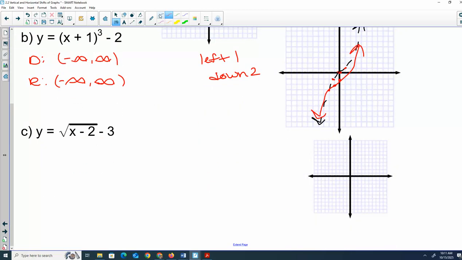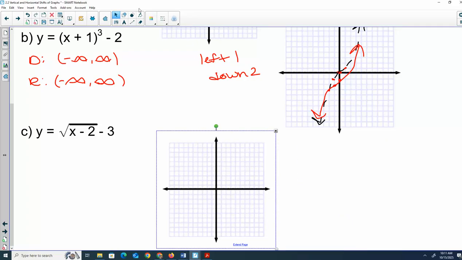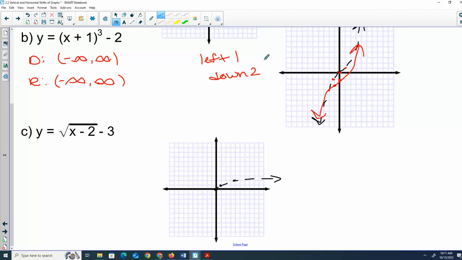Alright. C. What's my square root graph look like? Right. Square root of 0, 0, 1, 1, 4, 2. How is this one moving? I go right and down.